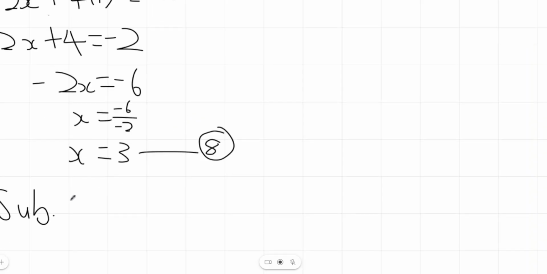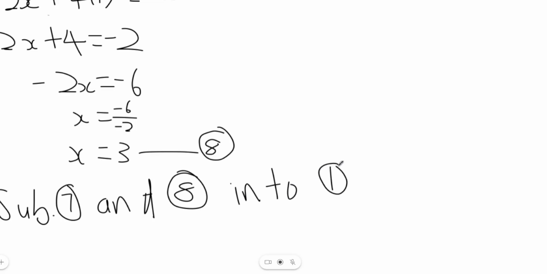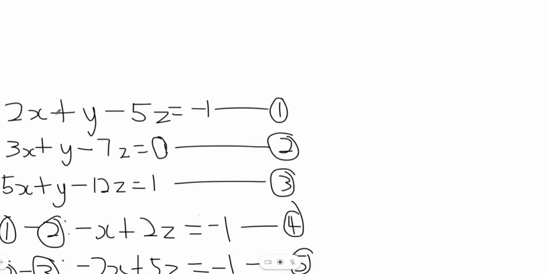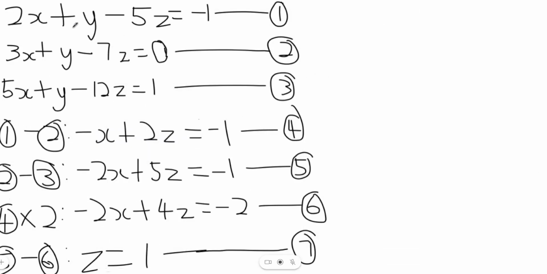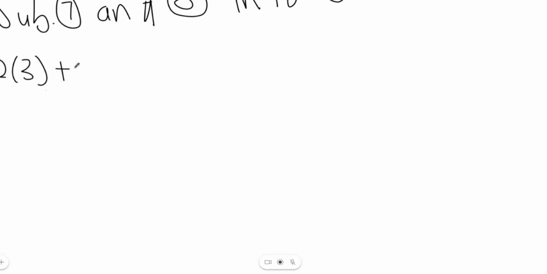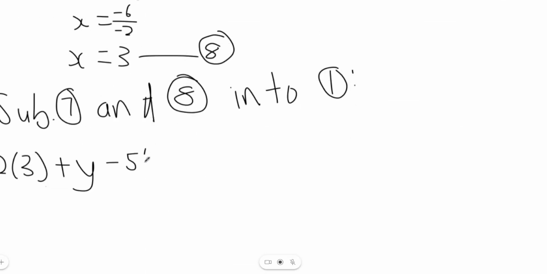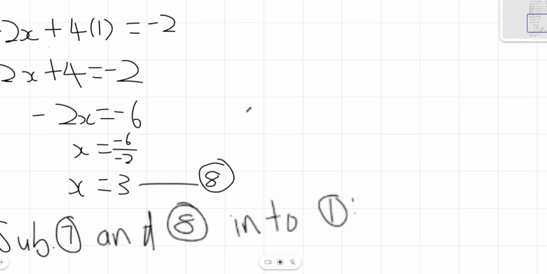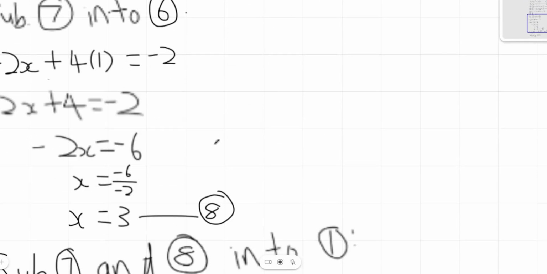7 and 8 into 1. So now 2x, we write down here 2, and then we have found the value of x. This is 2 bracket 3 plus y minus 5z, which is 5 times 1, equals negative 1.